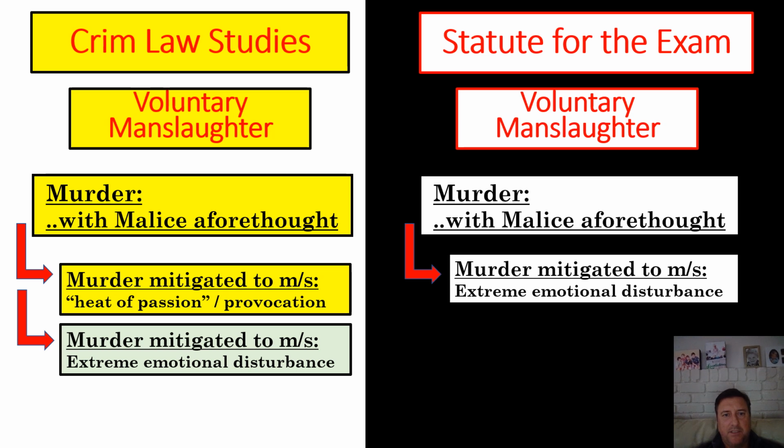Could be a heat of passion defense, adequate provocation under common law, or it could be extreme emotional disturbance under a bunch of statutes, as demonstrated by the Model Penal Code. Here, I chose to have my mitigation from murder to manslaughter be the extreme emotional disturbance, and that was the choice I made for the statute. That's what you'd have to apply.